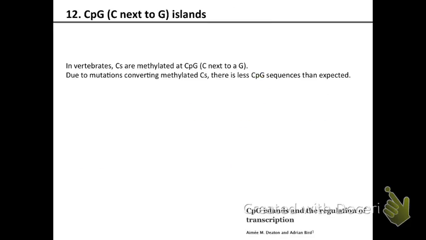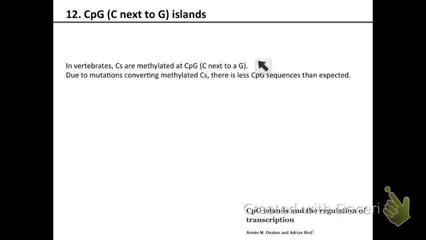All right. In vertebrates, we learned in the DNA repair lecture that in the CpG-containing sequences, where you have a C next to a G, a lot of these C's can be methylated. So the DNA gets modified in that there is a methyl group that's added to the cytosine. So that's cytosine methylation.